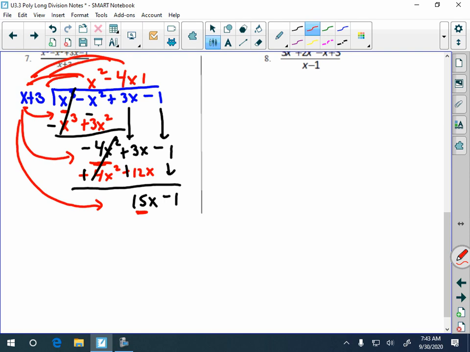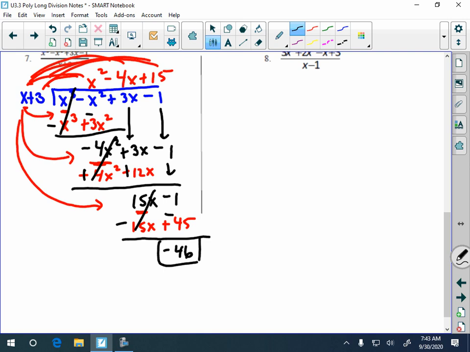It's going to be plus 15. Okay, we'll take 15 and distribute. So that's 15x plus, and then 15 times 3 is 45. Alright, we'll draw the line, change both signs to their opposites, add down. Negative 1 plus negative 45 is negative 46.